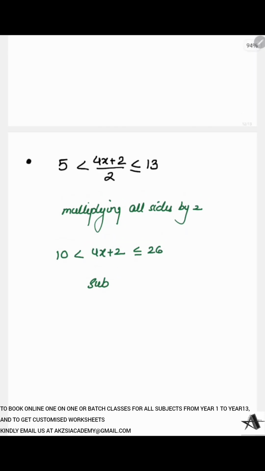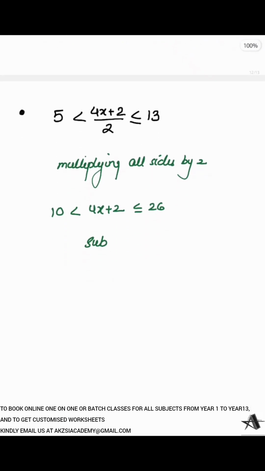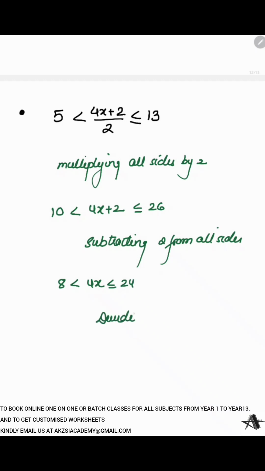Subtracting 2 from all sides, this will be 8 less than 4x, because you have subtracted 2, 24. Now finally divide all sides by 4. So 8 by 4 is 2, 4x by 4 is x, and 24 by 4 is 6.